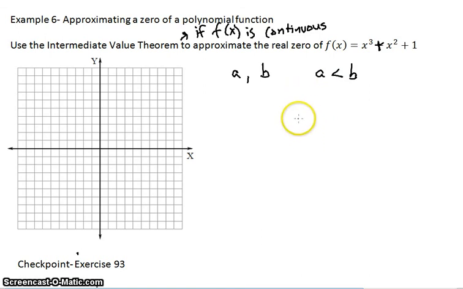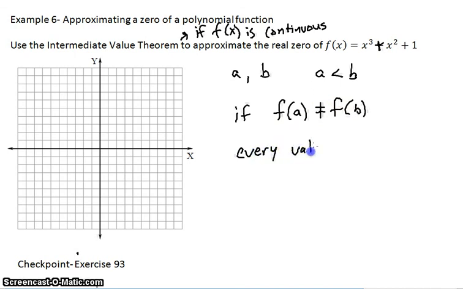If we know that these two things, when you plug them in, are not equal, then every value between the two is reached by the function.